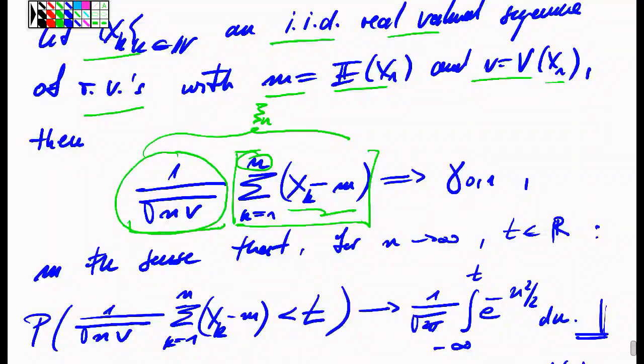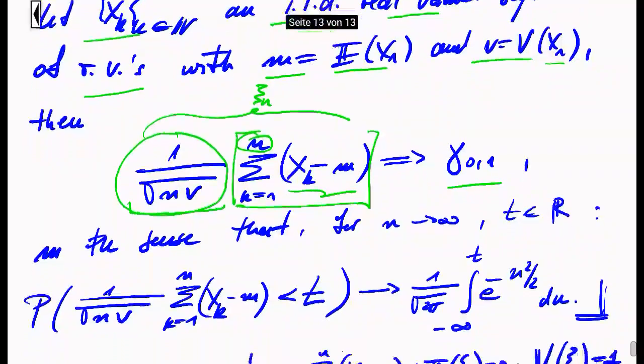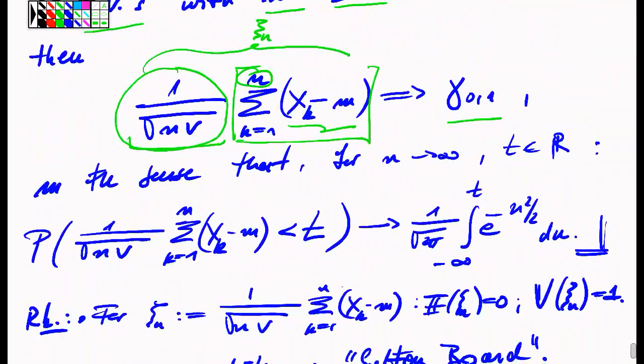So if you take this sum and normalize it properly, then this sequence will converge to a standard normal distributed random variable in the following sense. Whenever you ask about the distribution of this random variable, maybe you ask what's the probability that, for any given threshold level t, this number is below the threshold value t, then this probability, for n tending to infinity, converges to the corresponding probability that you would observe for a standard normal distributed random variable.